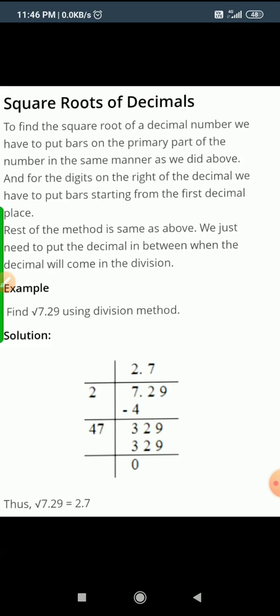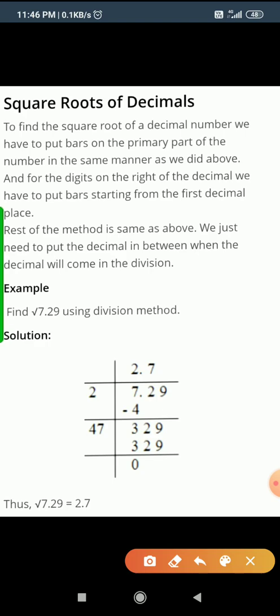To understand this, let us take the example of the square root of 7.29 using the division method. Here also we will make pairs like this, 7 and 29. Now the largest possible number is 2, whose square is 4, which is less than 7. So 2 into 2 will be 4, subtract it here. The remainder is 3. Now bring down 29, so 329. But after 7 a decimal is there, so after this quotient digit you have to put a decimal point.